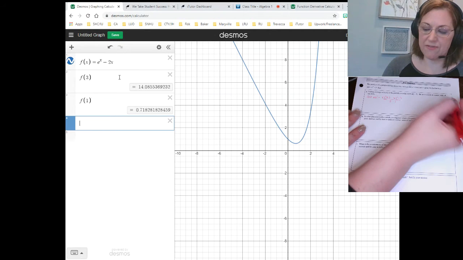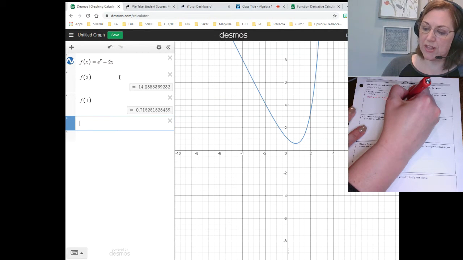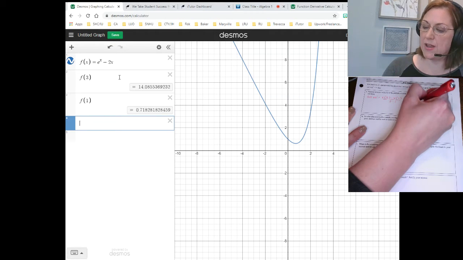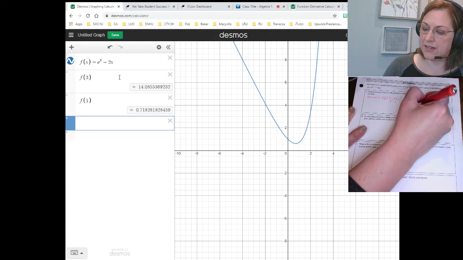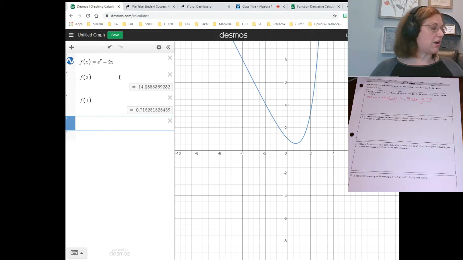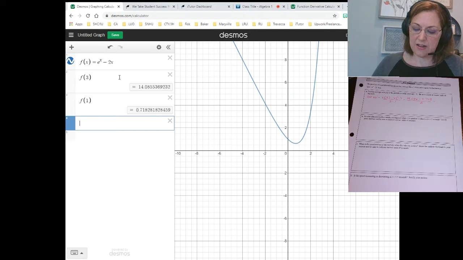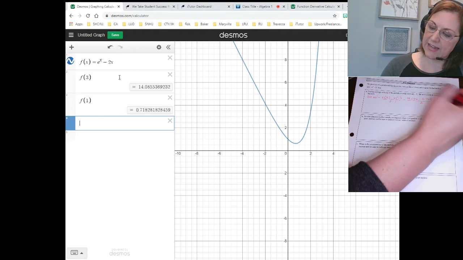So I just ask it for the position at 3, that was 4.086. The position at 1, 0.718, and I'm dividing by 2. Now, you can use whatever calculator. If you want to use Desmos, it will do the subtraction and dividing, and I get 6.684.